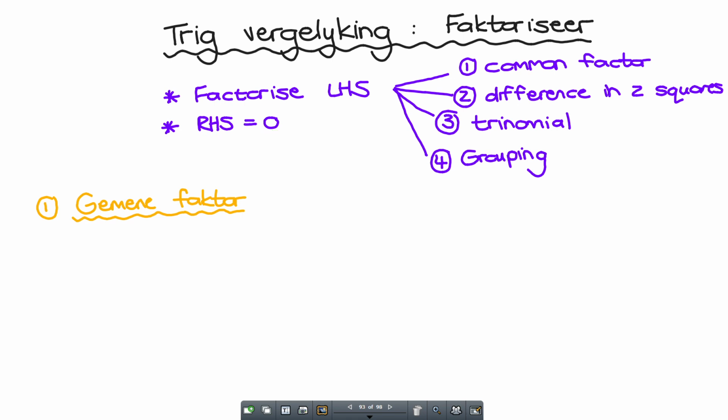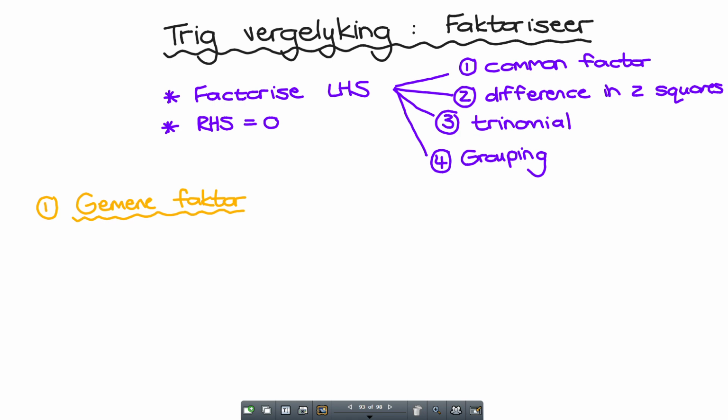When we have that, then we factorize the left-hand side. Now, the different ways of factorizing. We can get common factor, difference in 2 squares, we can get trinomial, and we can get grouping.